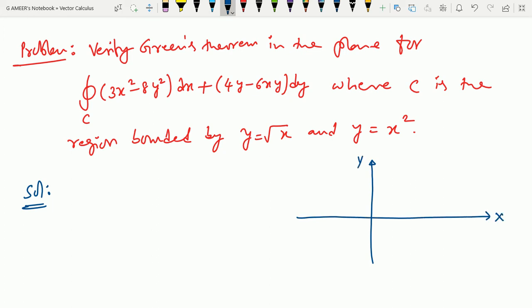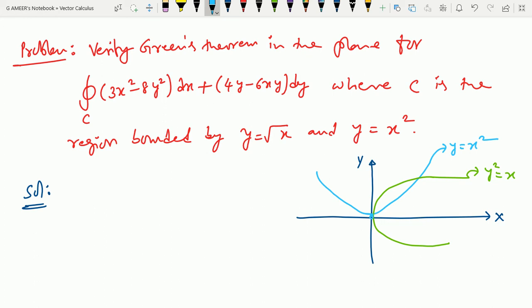Y equal to x square I draw first. Everybody knows that y is equal to x square looks like this parabola. Then y square equal to x is again a parabola, that is also very well known. That looks like this. This is y square is equal to x, and this is y equal to x square.